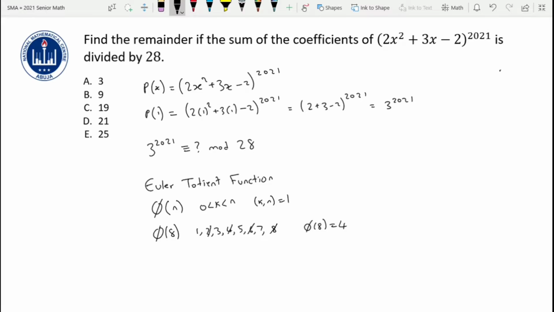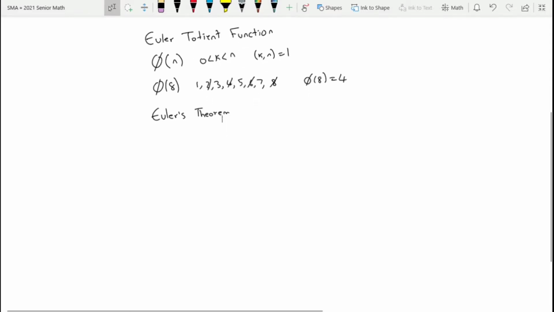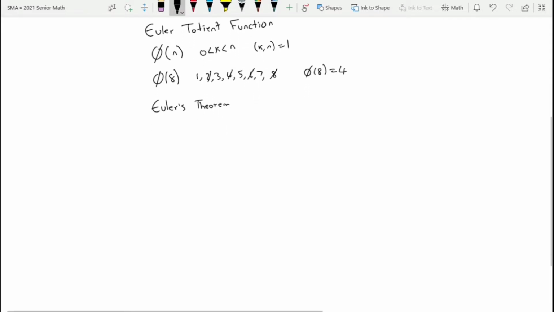It's just the number of natural numbers less than a number that are relatively prime to it. And then from here, we're going to talk about Euler's theorem. Euler's theorem says that for any a and n that are relatively prime, that is, for any a and n such that GCD of a and n is 1, we have this to be true: a raised to the power φ(n) is congruent to 1 modulo n.